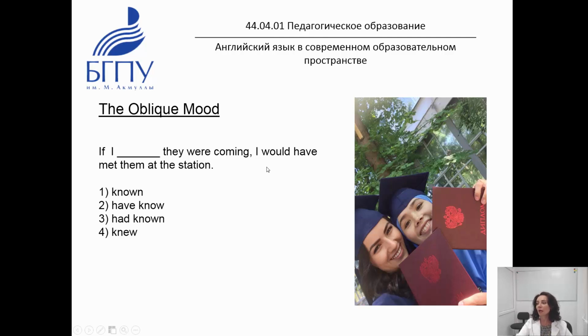And one more time, I will remind you of the formation of the conditional mood: this is would plus simple infinitive to denote the simultaneity with the present moment or with the moment of speaking, and would plus perfect infinitive, like in the suggested example, to show the priority. And subjunctive 2 is formed by the form of the past simple to relate the present tense and the form of the past perfect to relate the prior action.